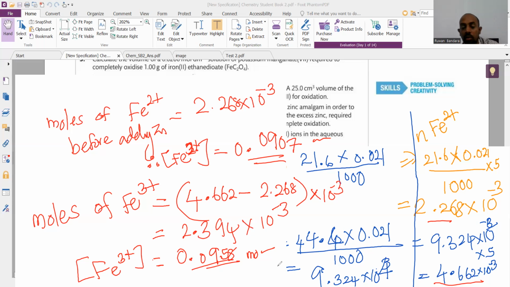At least one answer? Fe2 plus concentration. Right. I hope this is okay. It's okay. I hope the method that I have explained is clear. This may be a question in the exam. Therefore, get ready.